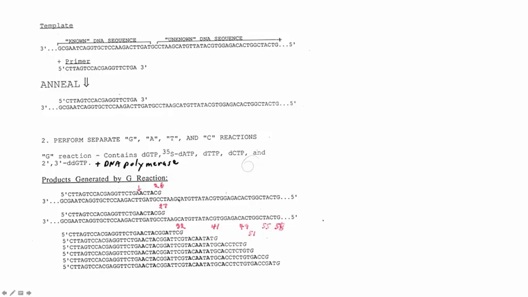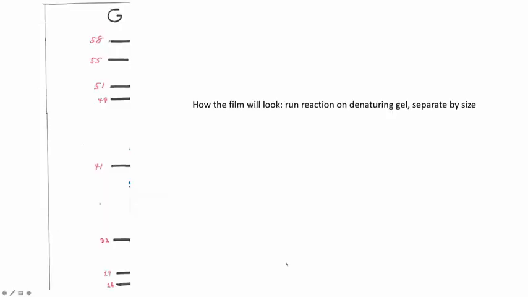Every time there is a C in the reaction, there's a certain probability of adding a dideoxy G, and then most of the time you're adding a regular G and the reaction continues. But even if 1% of the time the reaction stops, you're going to have a large number of differently sized pieces of DNA, each size representing an ending with a G. Then you can run those on a denaturing gel so that they're running only according to size.